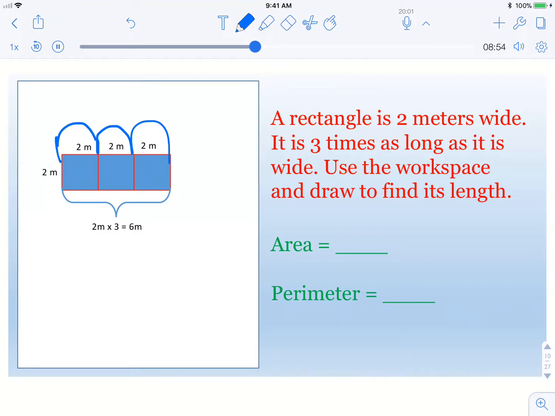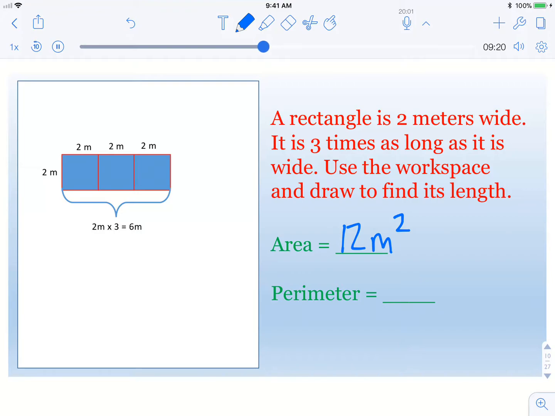So what would the area be? There would be 6 times 2, which would be 12 meters squared. Okay, and let's look at the perimeter. We can do this.